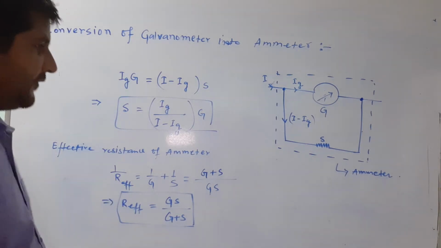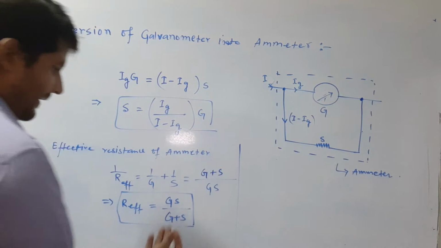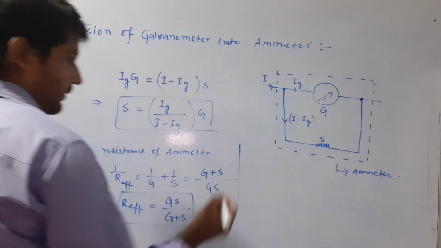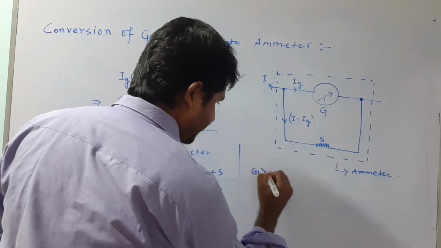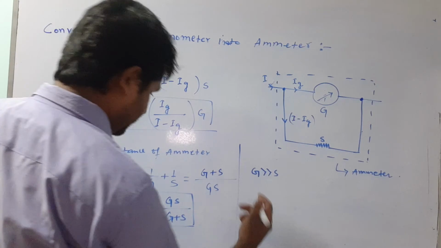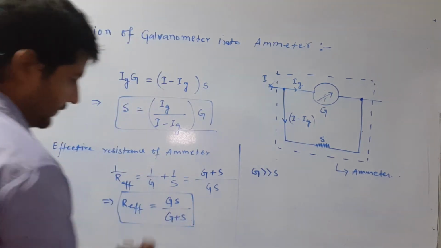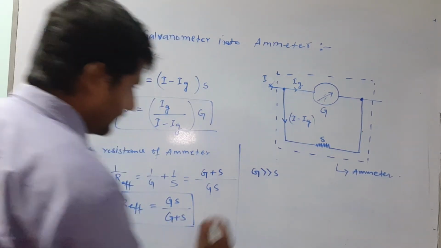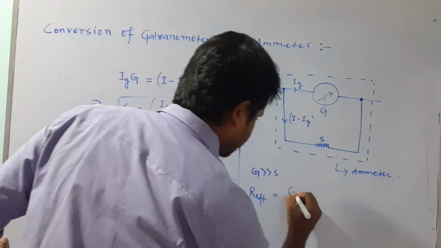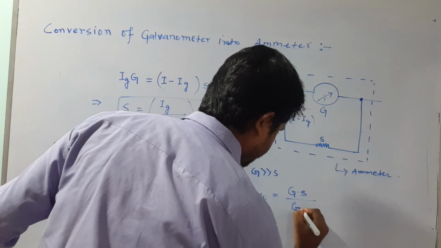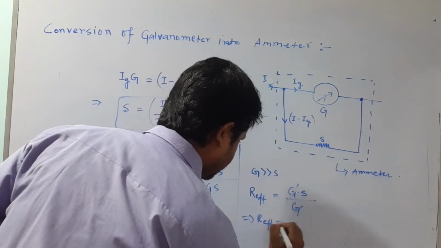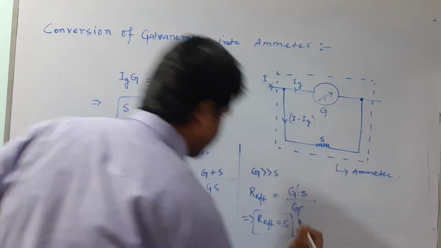The value of the shunt resistance S is very low, so G is very much greater than S. So we can write G plus S as G, neglecting S. So R effective is G into S by G, and this cancels, so the effective resistance is S, which is very low.